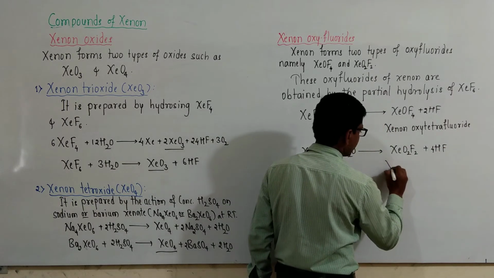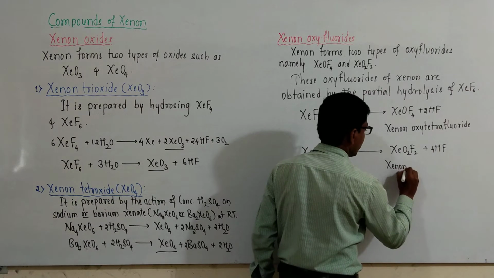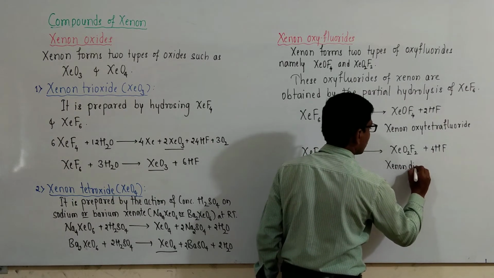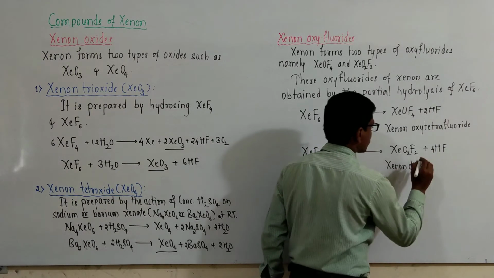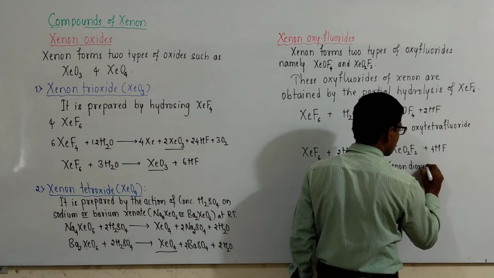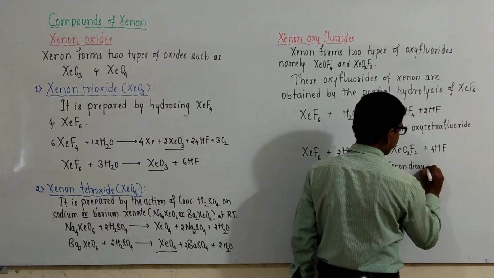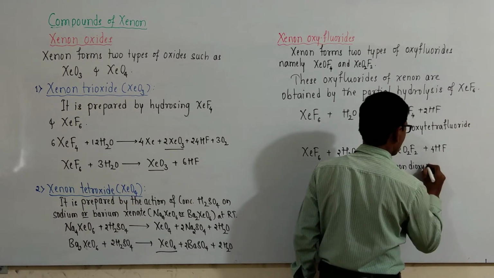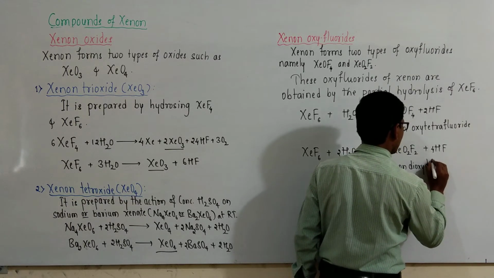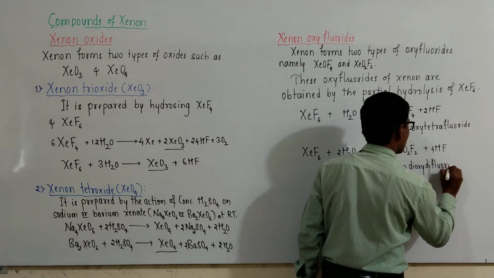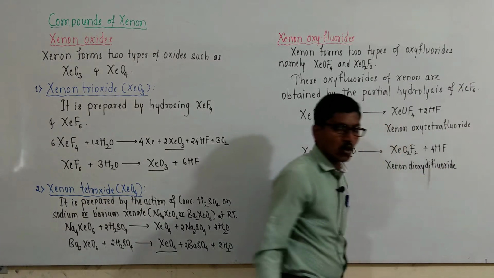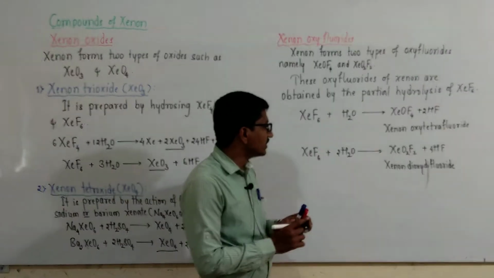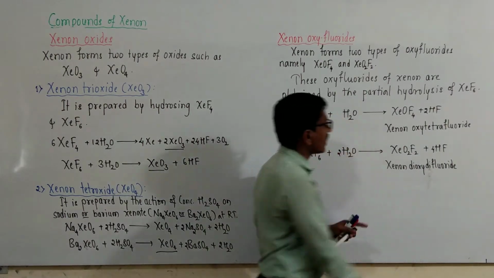This is called xenon dioxy difluoride. These can be obtained by partial hydrolysis of xenon hexafluorides.